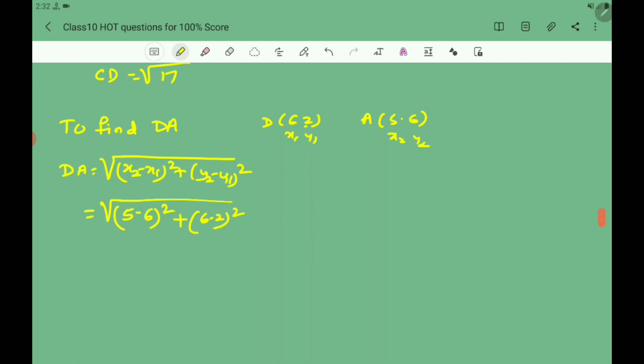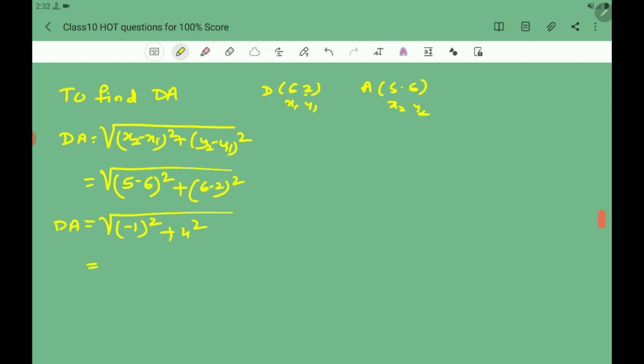So you get DA equals square root of (minus 1) whole square, 5 minus 6 is minus 1, plus 4 square. Then minus 1 whole square is 1 plus 16, so you get DA equals square root of 17.